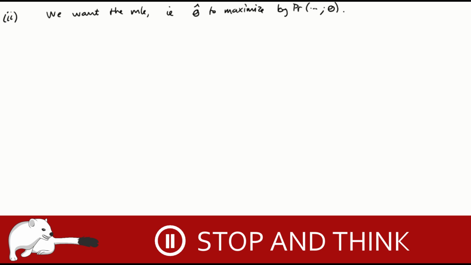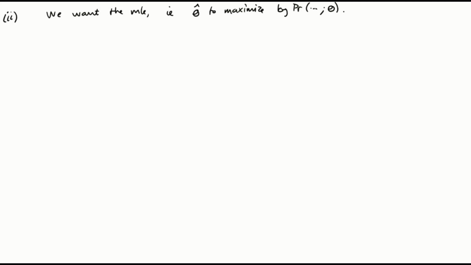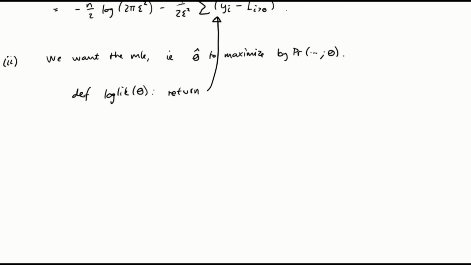Next, give pseudocode for finding the maximum likelihood estimator theta hat. Let's just do the obvious thing. We'll define a function, let's say def log_like of theta, which returns this expression we've just derived.